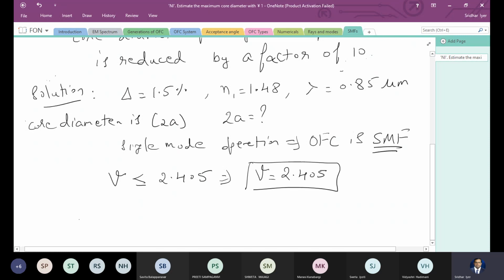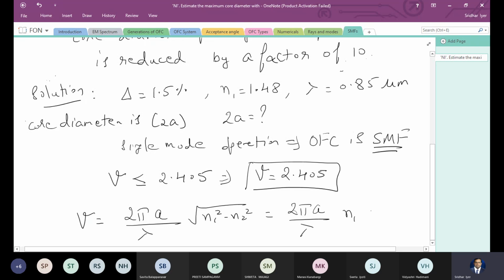So now having known the value of V, we write the equation of V. So V is 2 pi a divided by lambda root of n1 square minus n2 square. However, we do not have the value of n2, but we have the value of delta. That means I cannot use this written equation. I need to use the equation which involves delta. So we have that equation also with us. So you have 2 pi a divided by lambda times n1 root 2 delta.